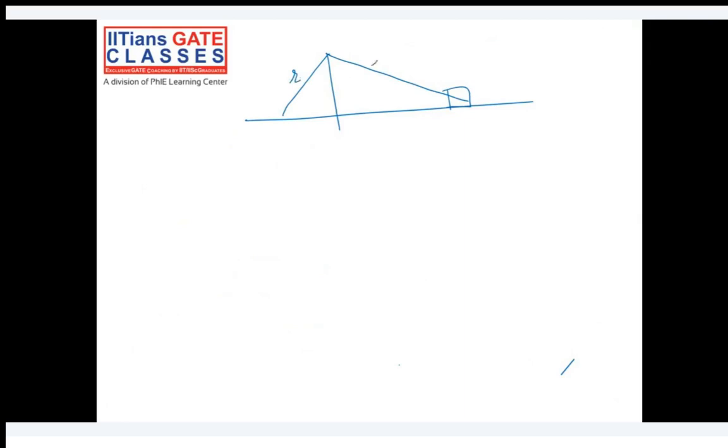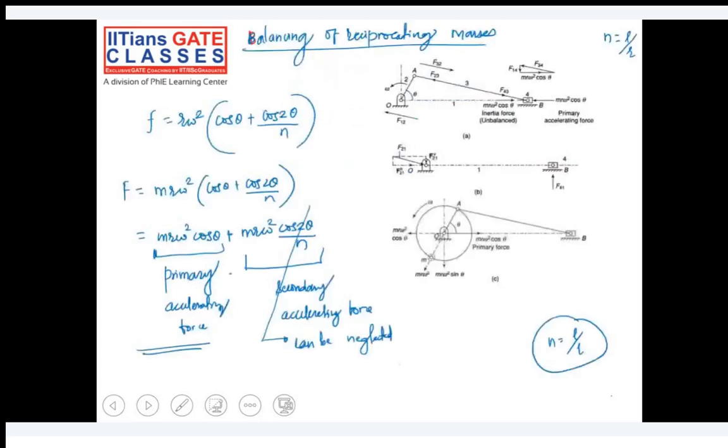We have calculated some S. S is equal to R cos of theta plus L cos of phi, and we differentiated this to get the velocity and acceleration. We have got this relation for the acceleration, that is r omega square times cos of theta plus cos of 2 theta by n. So we know that our piston is moving with this acceleration.